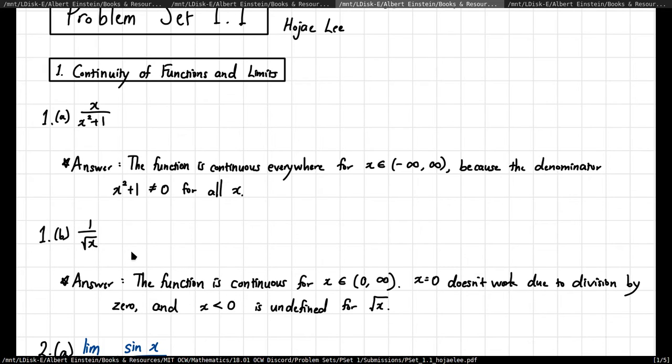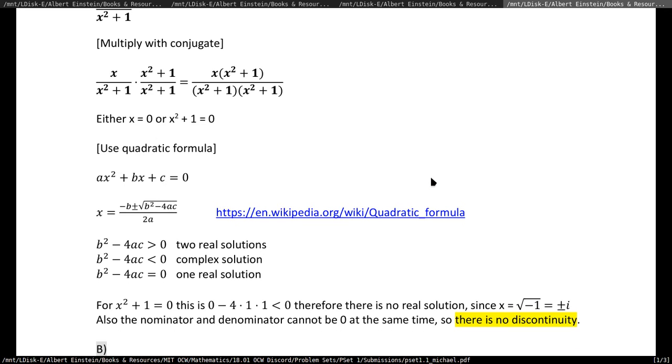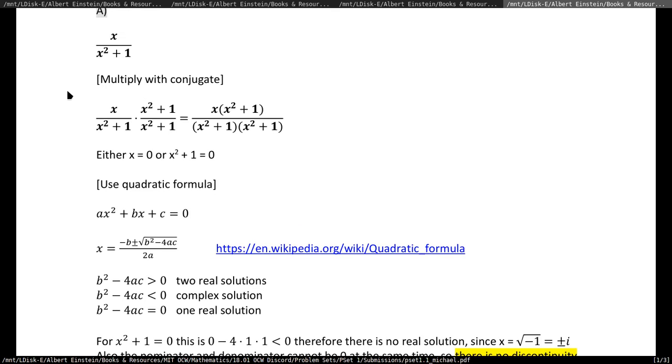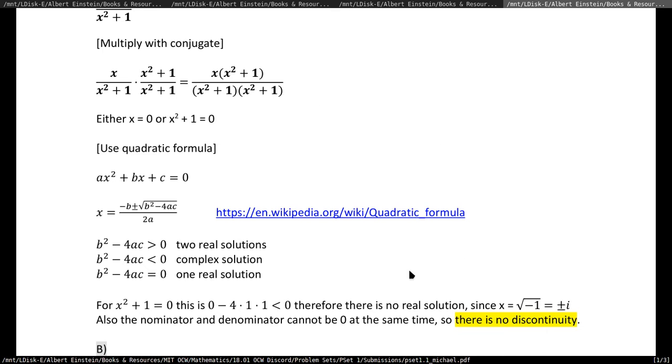I don't think that's good enough reasoning. Oh, I think it is, because you're going from minus infinity to plus infinity. So yes, it works. But I like Michael's answer more, going the quadratic way. It kind of makes more sense.